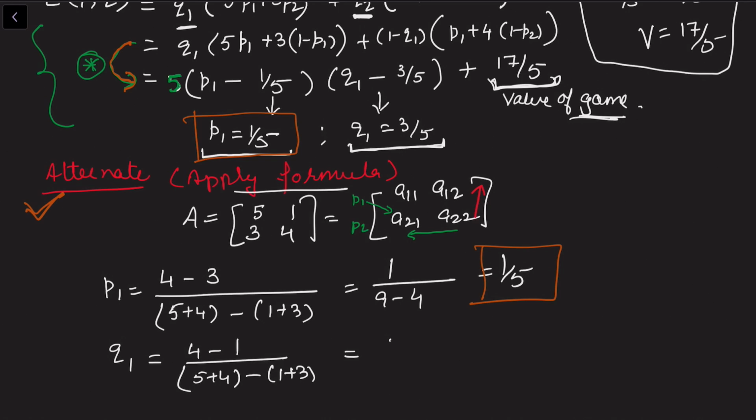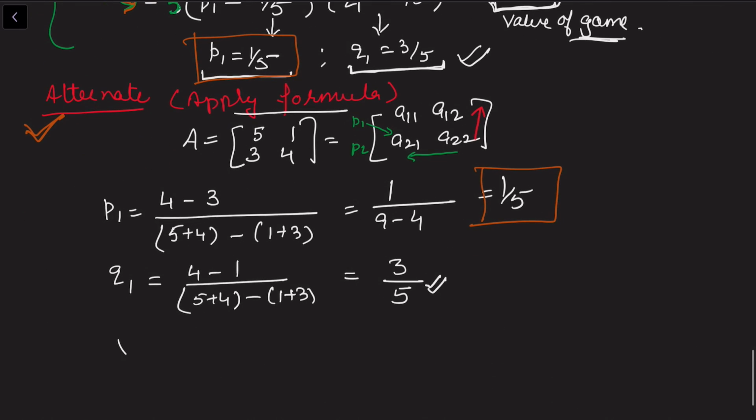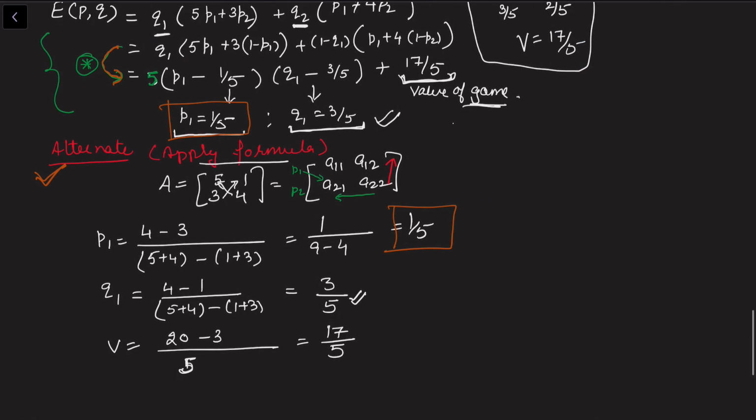So this is 3 by 5. This is also the same as what we have already observed. And for the value of the game also you can apply the formula. Value of the game is simply the diagonal multiplication, which is the determinant. So it is 20 minus 3 divided by the same denominator. Denominator is every time 5. So this is 17 by 5. And this value is the same as what we have already calculated as the value of the game.